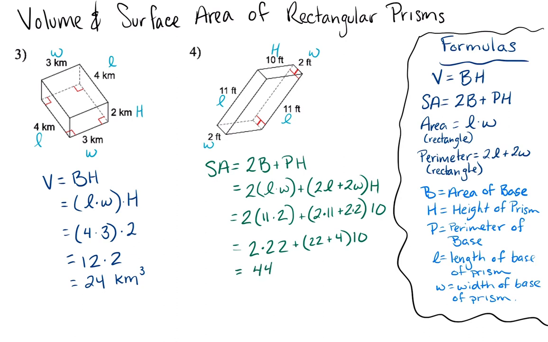So we get 44 plus 260. Make sure I calculate this correctly. 26 times 10 is going to be 260.